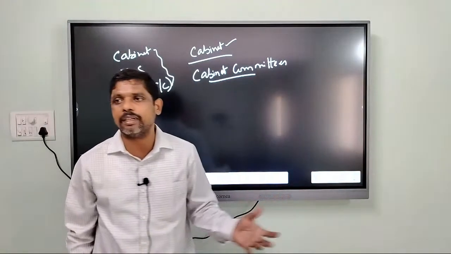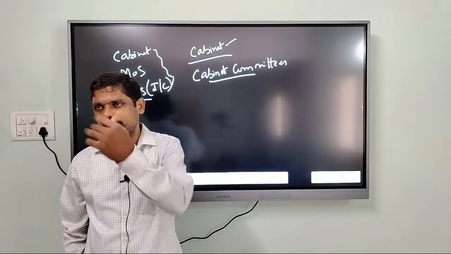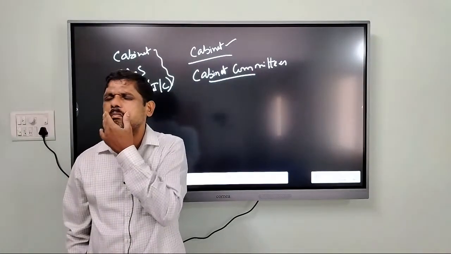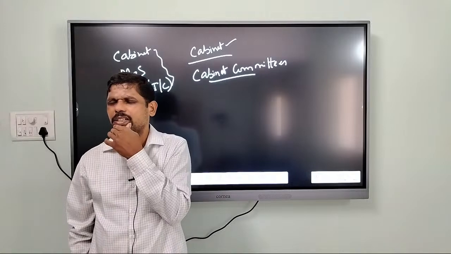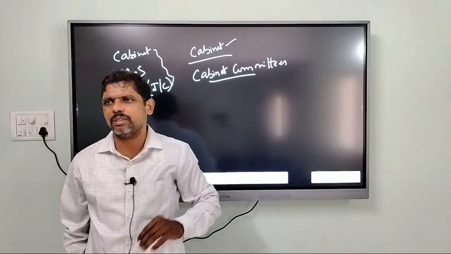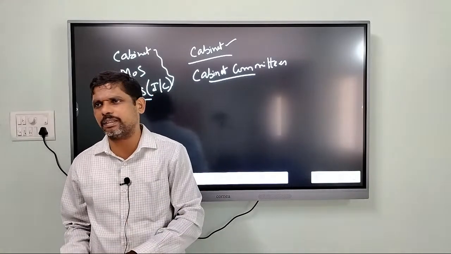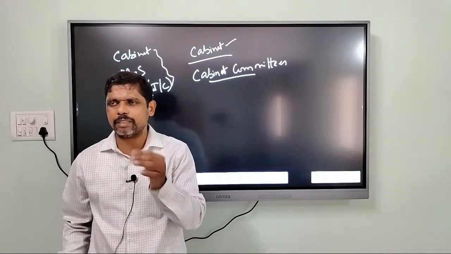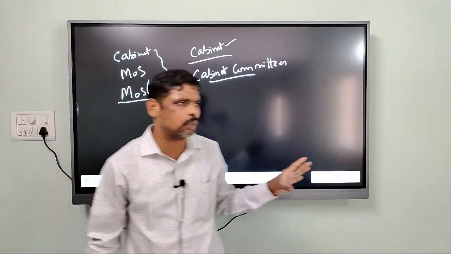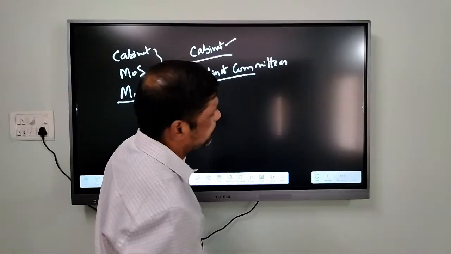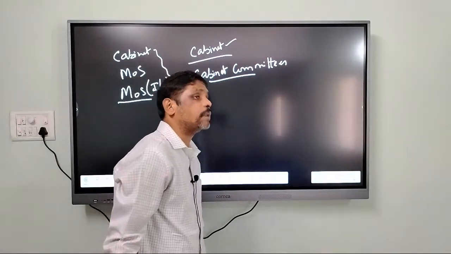We have a cabinet committee on defense, a cabinet committee on economic affairs, and different cabinet committees, but out of all of them, the most important is the cabinet committee on political affairs, which is chaired by the prime minister.